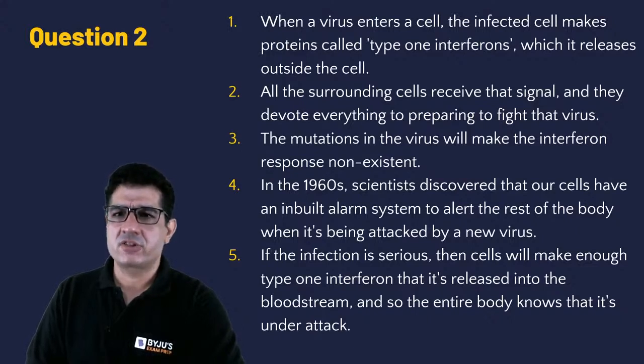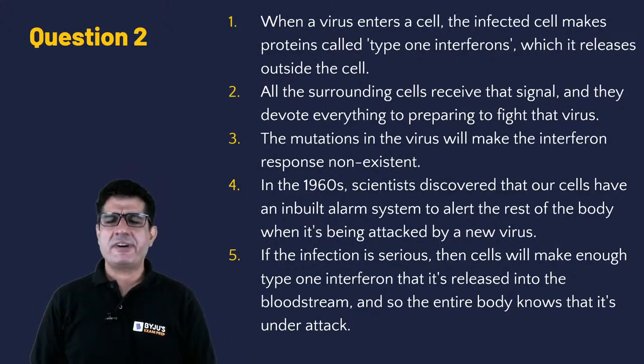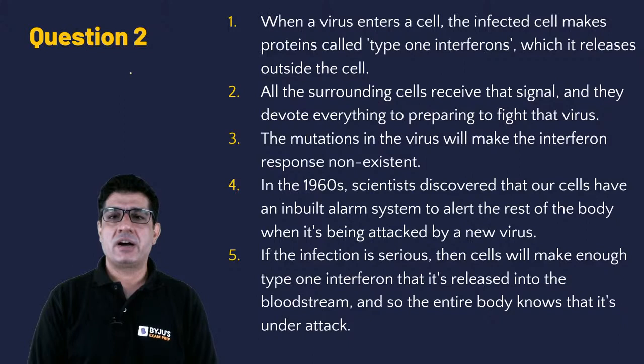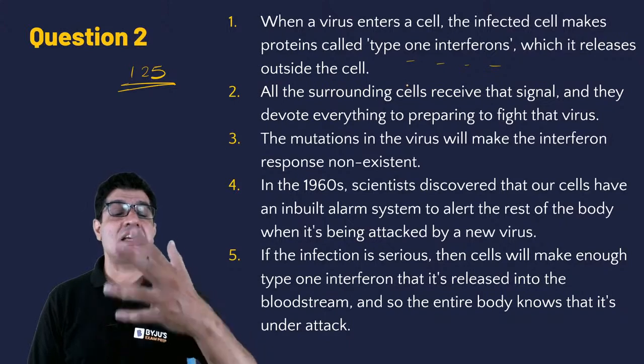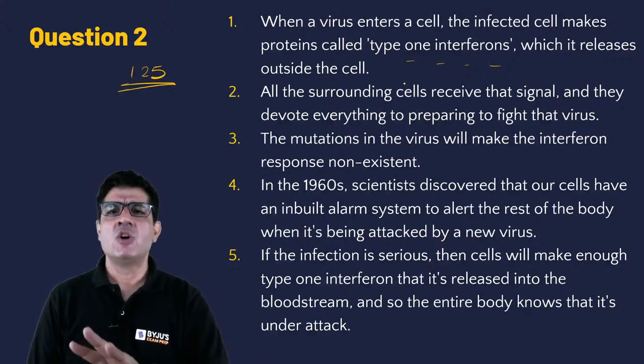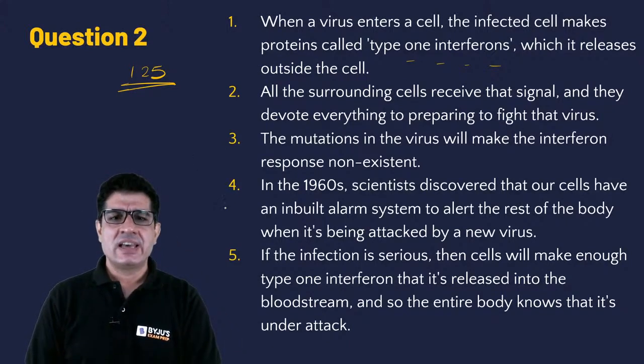Okay, so we're getting 3, we're getting 2. Now, if I start connecting, although I don't think it is really required, but 1, 2 and 5 definitely go in together. And then, if you look at this type 1 interferons, what does it do? It makes the other cells in the body know that there is an issue. So fourth will become a topic sentence for this.